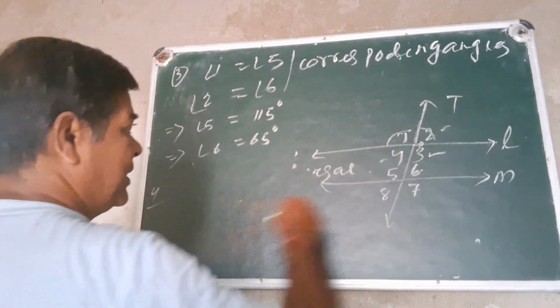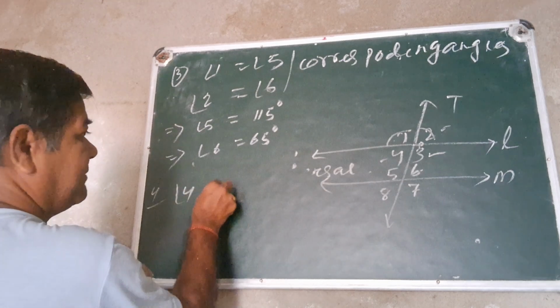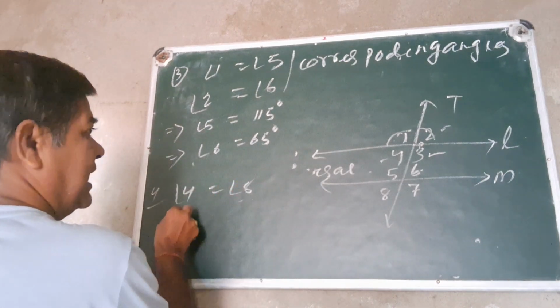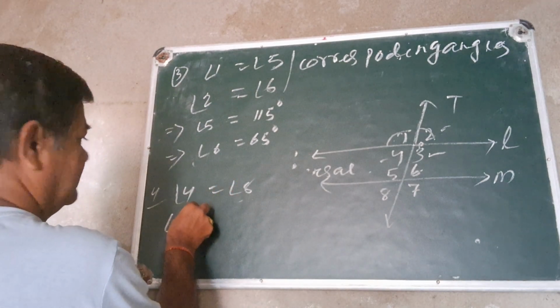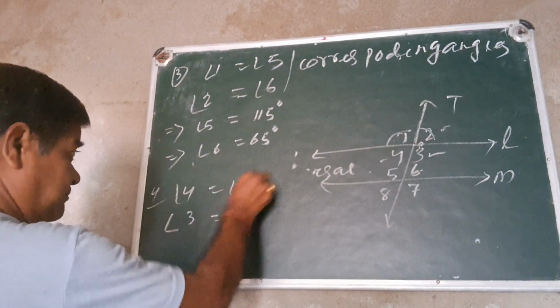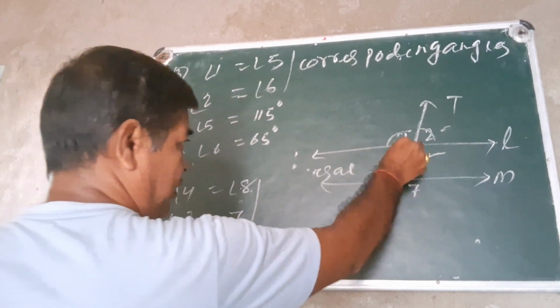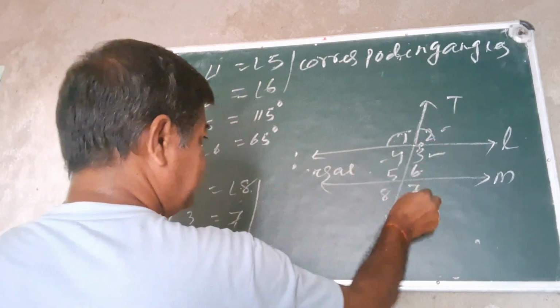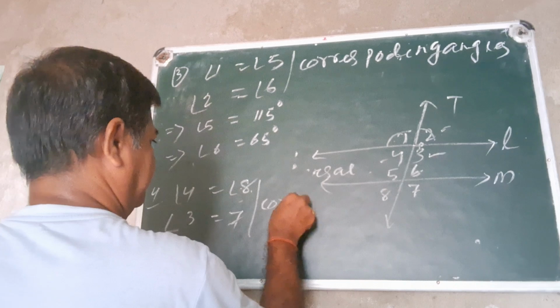Point 4. Angle 4 equal to angle 8. Angle 3 equal to angle 7. These are corresponding angles.